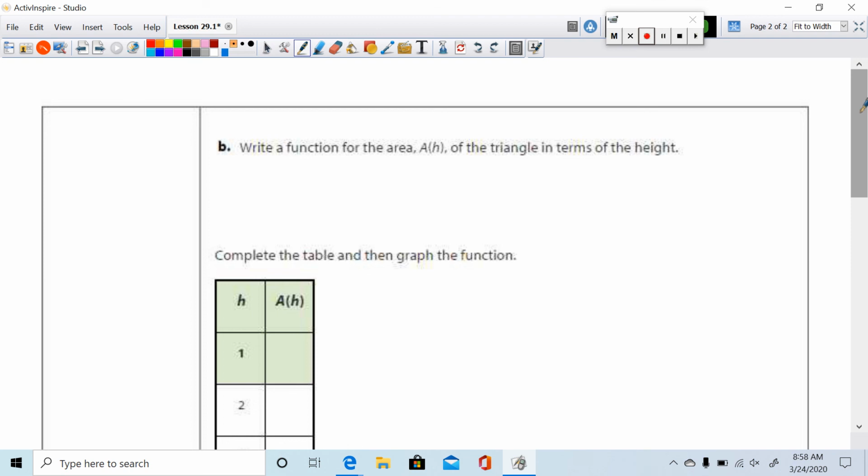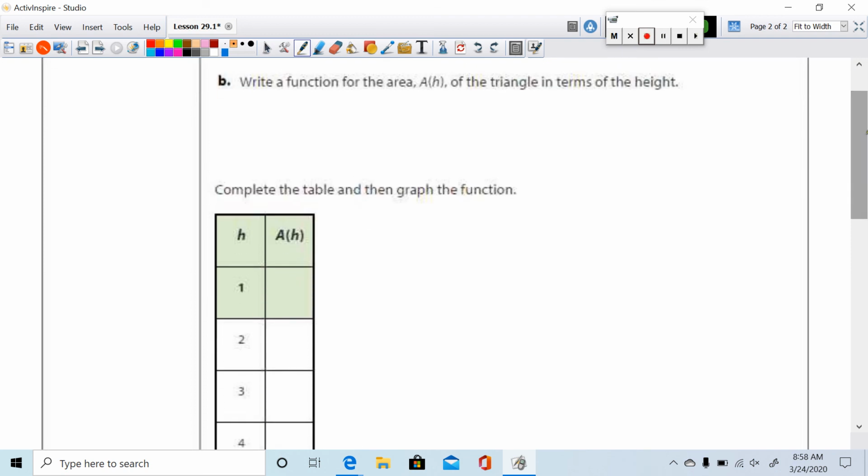Okay, the next one. Write the function for the area A of h in terms of the height. So again, the area of a triangle is 1/2 base times height. But they asked for a function in terms of the height, so I'm going to do A of h equals 1/2. We just said we don't know what the base is.